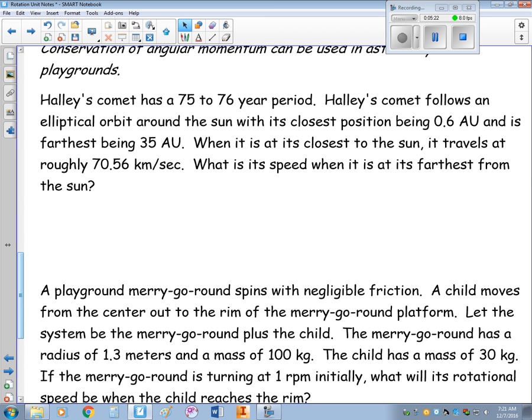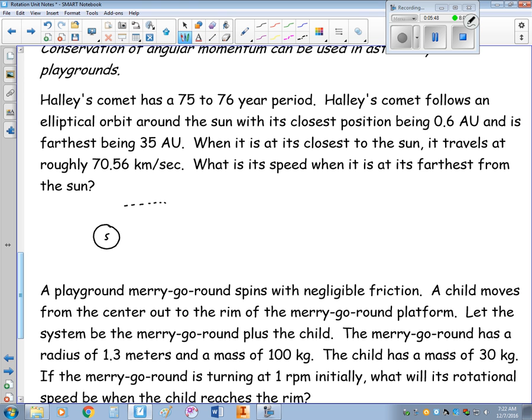So the Earth's average orbital radius about the Sun would be 1 astronomical unit. Halley's Comet gets closer to the Sun than the Earth does, and it gets about 35 times farther away from the Sun than the Earth does. So let's make a picture of this. Here's the Sun, and here's Halley's Comet's path.